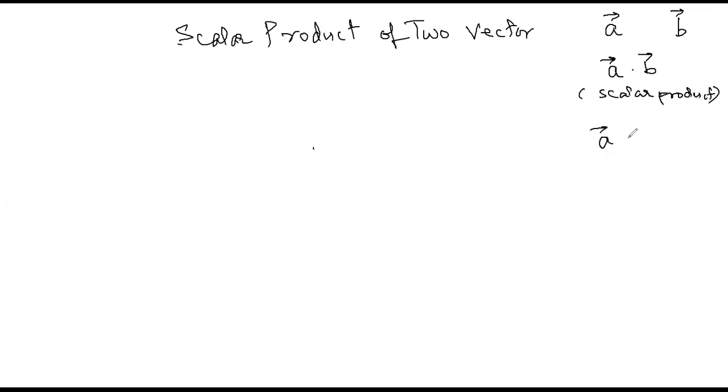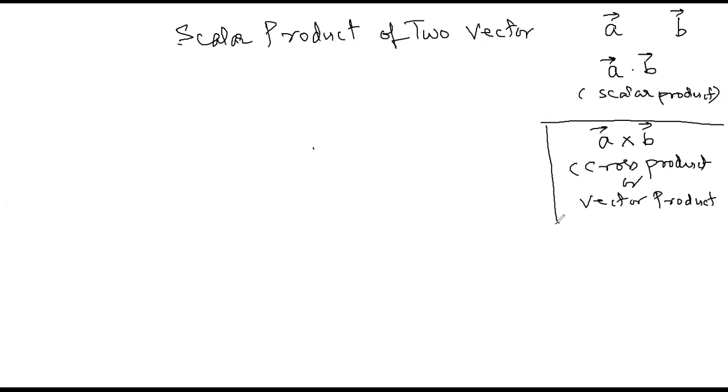And the other product is called vector product, and we use a cross to represent it, cross product. When you multiply these two, you will get the answer as a vector. That's why it is called vector product, and the other is called scalar product, or also called dot product.